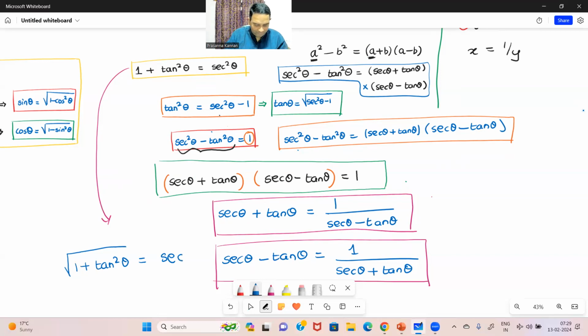That means root of sec square will become sec theta. Clear? Understood? Any doubts? No.